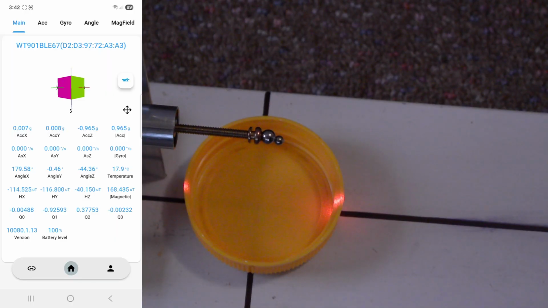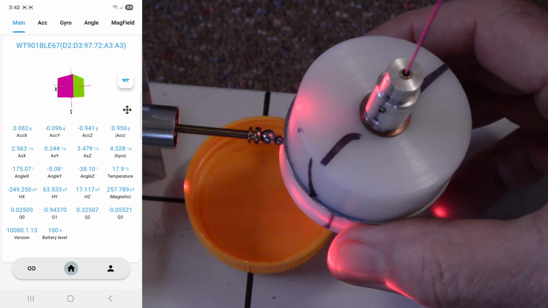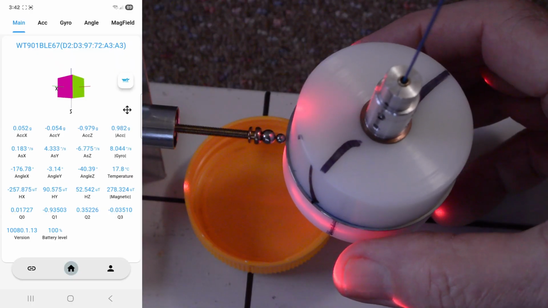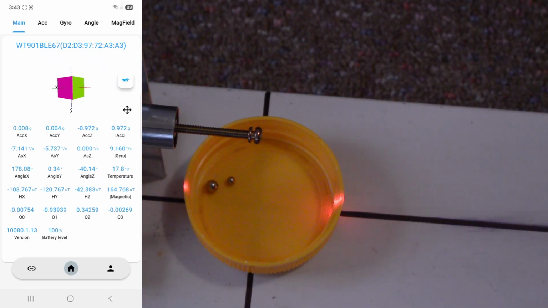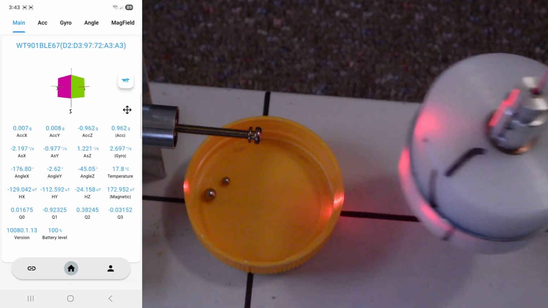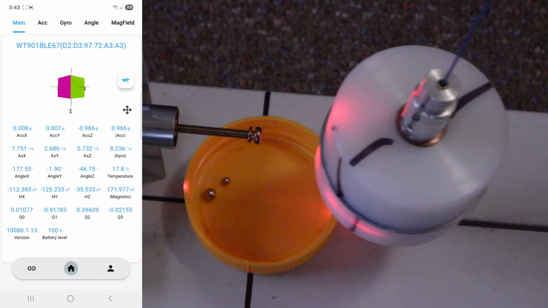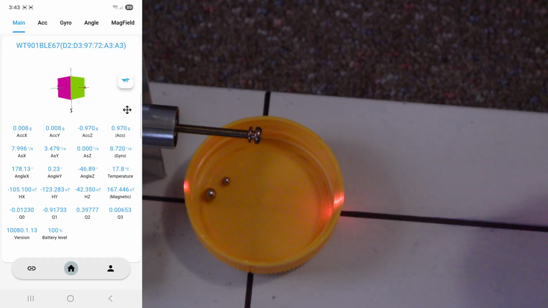So our bob's hovering around that 40-degree mark, 44. So let's do a launch. Right, we're on track. Our cable's illuminated. I'll swing around so you can get a better look at that.